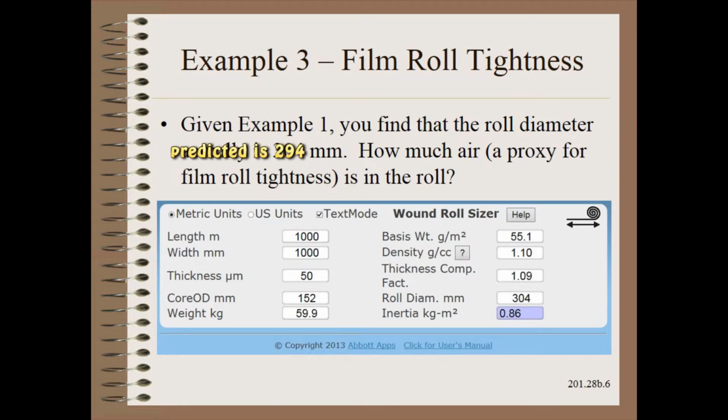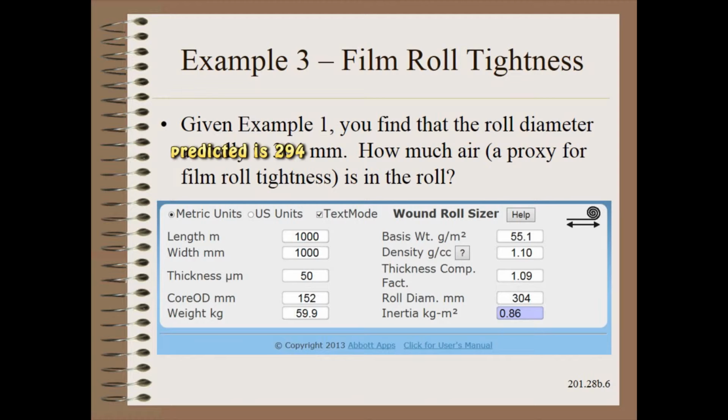As I hinted, there is great engineering power in this calculator. We've already briefly mentioned roll inertia that the drive people would need. Here, we will do a winding study, in particular to answer the question of how tight is the roll wound. We use almost the same set of inputs as the previous example.